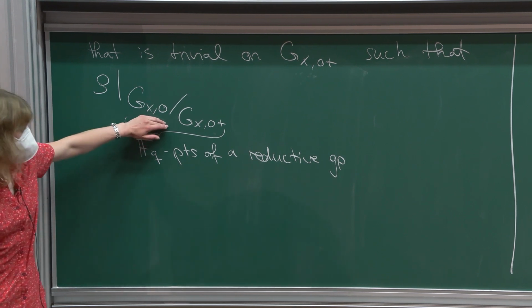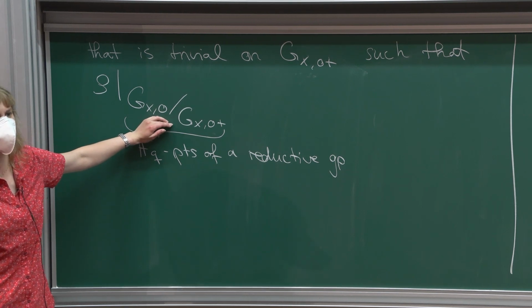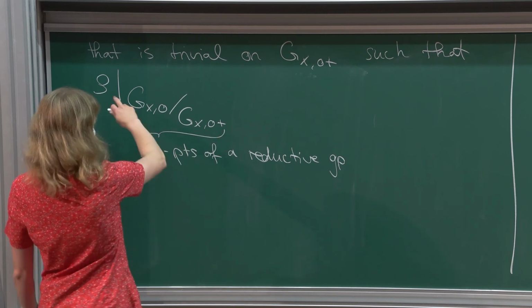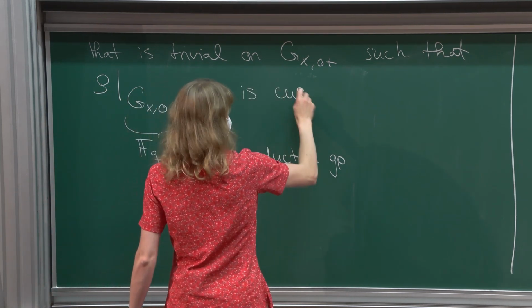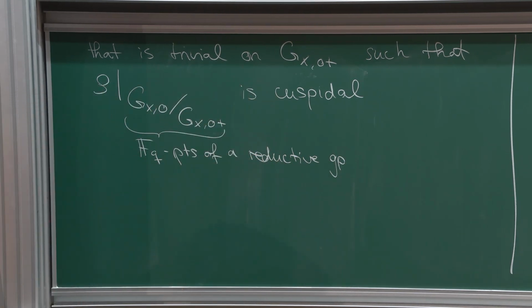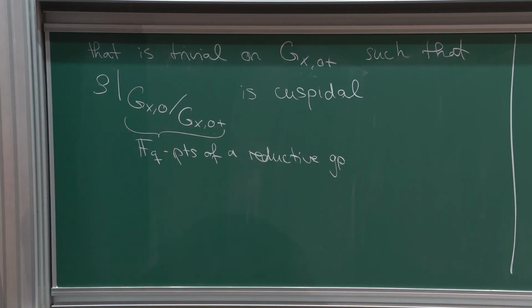And so that's a reductive group. So that means it makes sense to ask if this representation is cuspidal or not. And we ask that representation to be cuspidal, or a sum of cuspidals. So that means it doesn't have fixed vectors under unipotent radicals of proper parabolic subgroups.